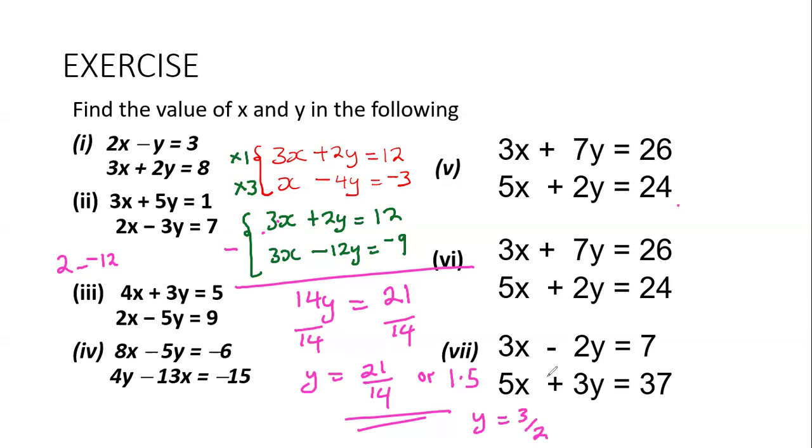So please take note, you can get decimal points, you can get fractions. But when you get a decimal that is not a terminating one, better leave your answer in fraction. If your decimal is a recurring one, leave it in fraction. If it's not, then it is okay.